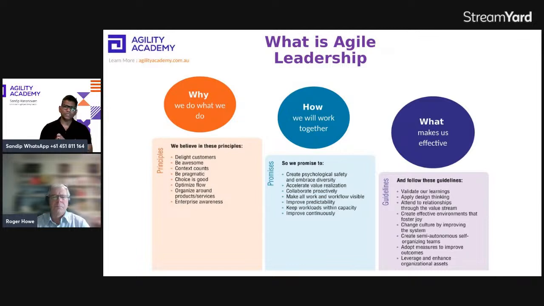Then there are promises. Promises are things which help you to understand how we'll work together as a group, as a team. And these promises are not only made to your customers, but are made by the agile leader to their colleagues and team members. One of those, highlighted in a recent State of Agile report as a key essential factor to make any agile transformation successful, is psychological safety.